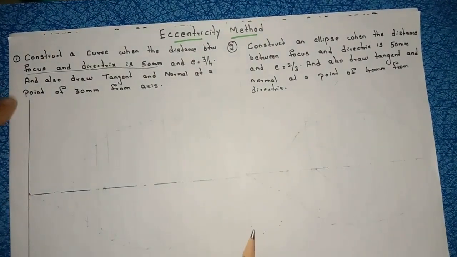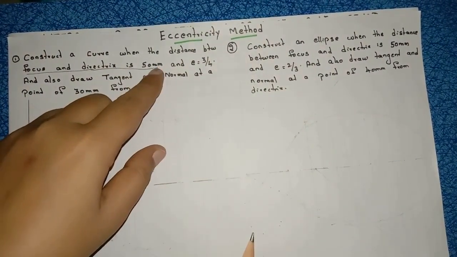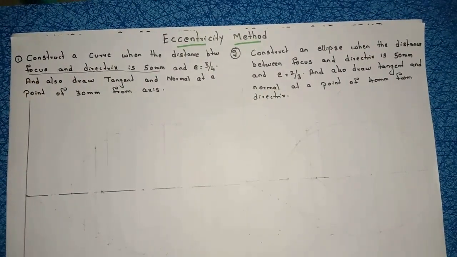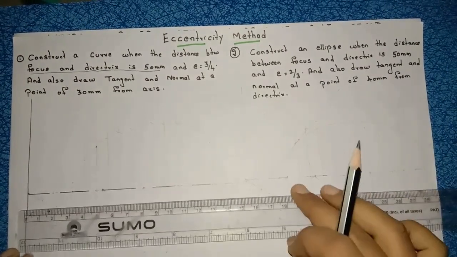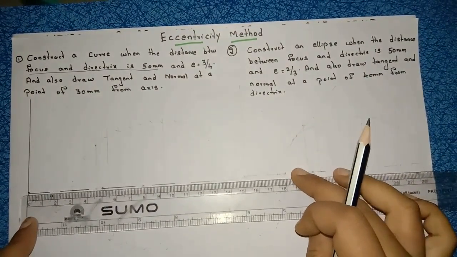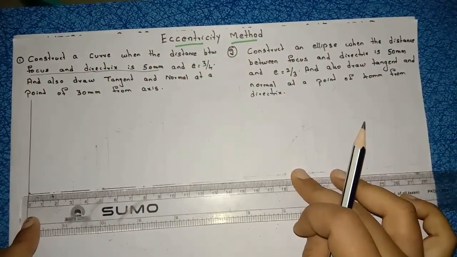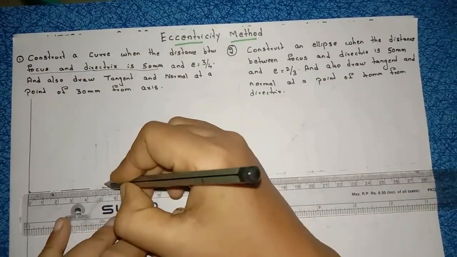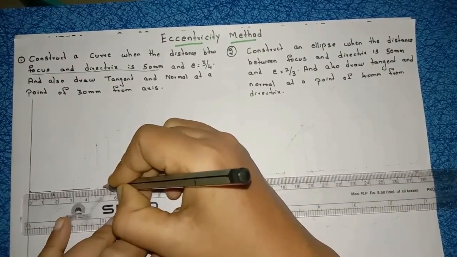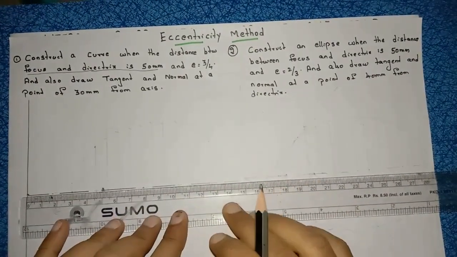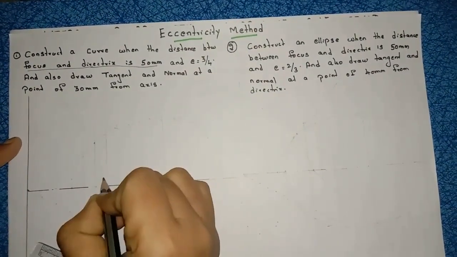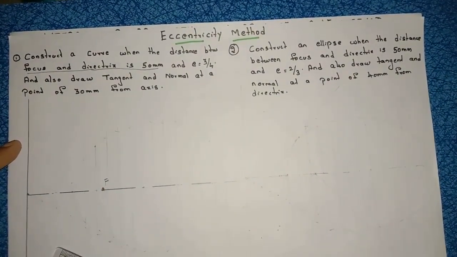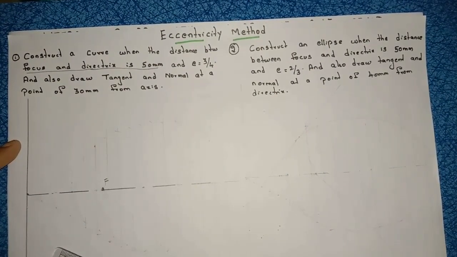Keep your scale like this and mark a 50 mm distance. I am marking 50 mm here, and naming it F, the focus point.